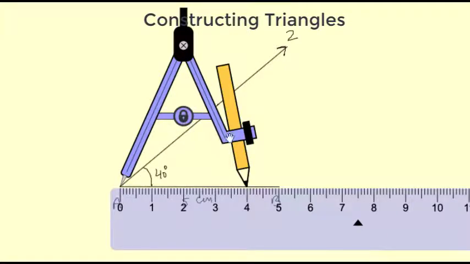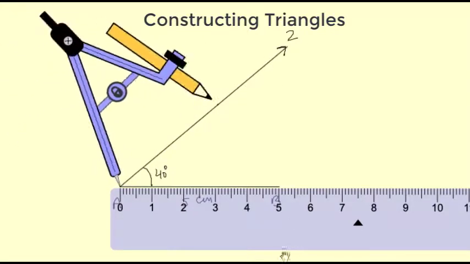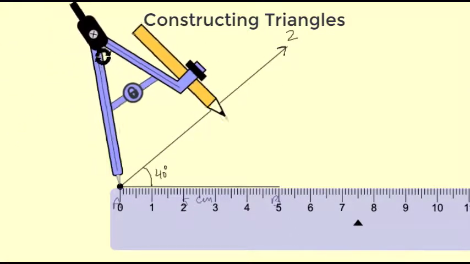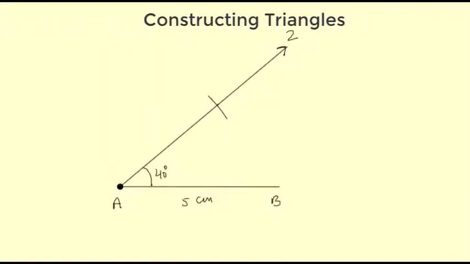We lock it and then create an arc such that you are able to obtain an intersection point with the ray AZ as well as the arc which is at 4 centimeter distance from the point A. Okay. The purpose of this arc was to obtain precisely a distance of 4 centimeter at angle 40 degree that we had at the vertex A.